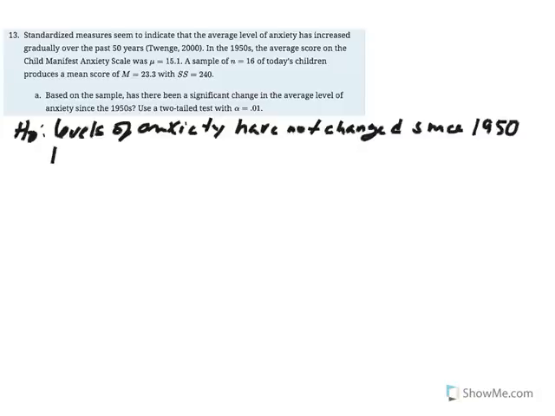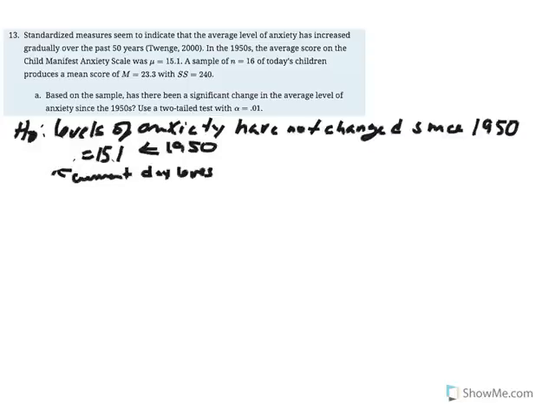And the notation would be that mu is equal to 15.1. And mu, I just want to point out that this would be current day levels, right? And this is 1950 levels.